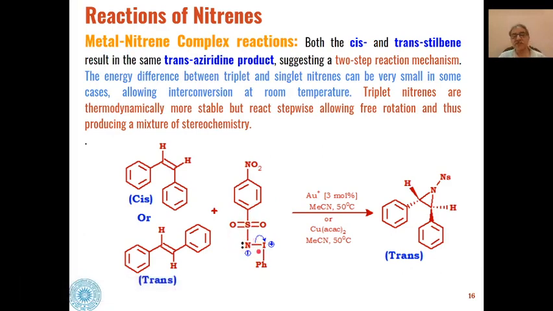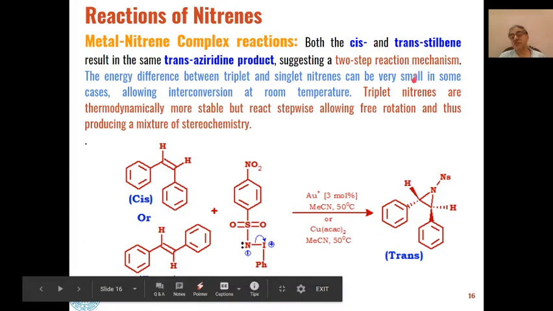And these nitrenes will add in a two-step reaction mechanism to give us these types of trans aziridines as the product.